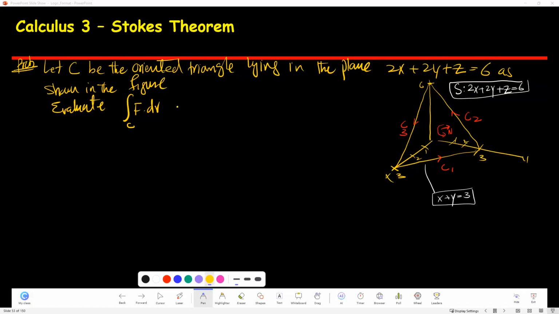I forgot to tell the field: F of x, y, z equals minus y square i plus z j plus x k.